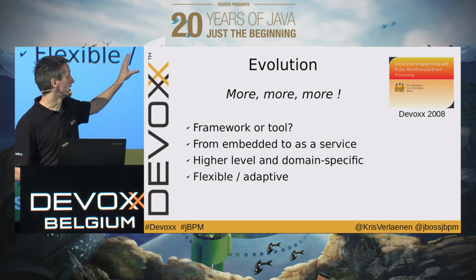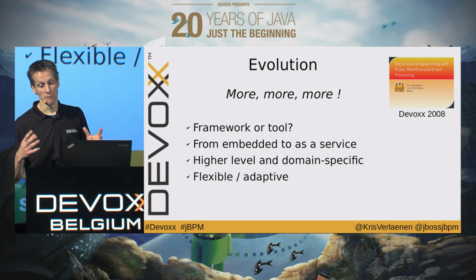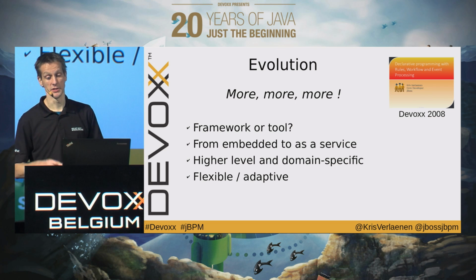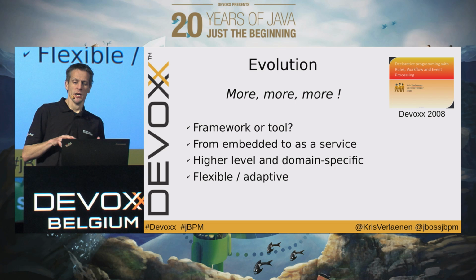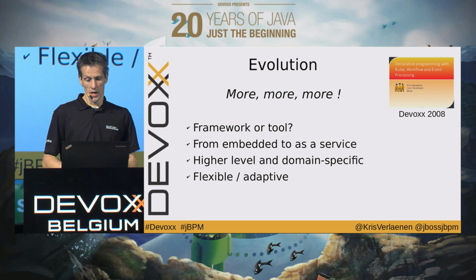So you can see that at that point, the major themes that we were talking about were at a very low technical level, how you can combine these technologies. They weren't necessarily about building applications that you could use.